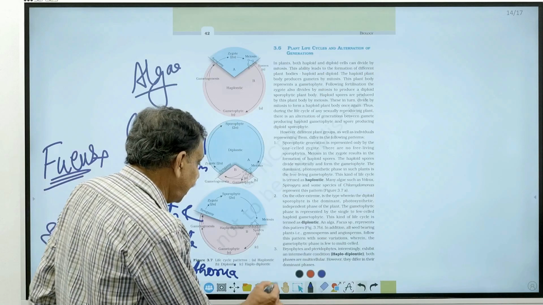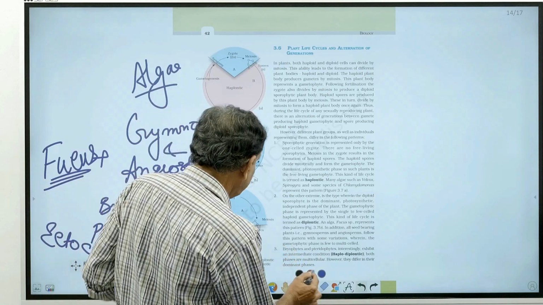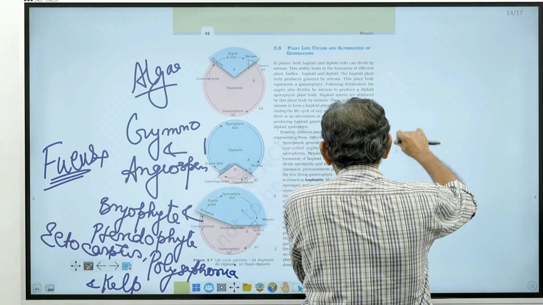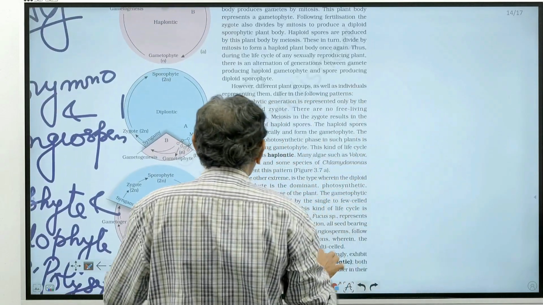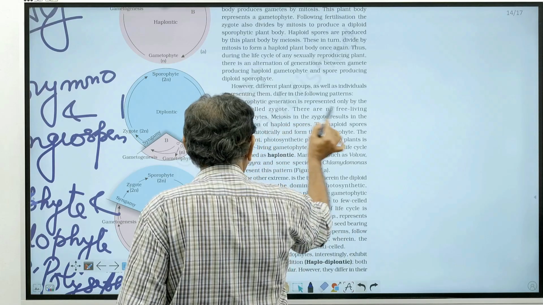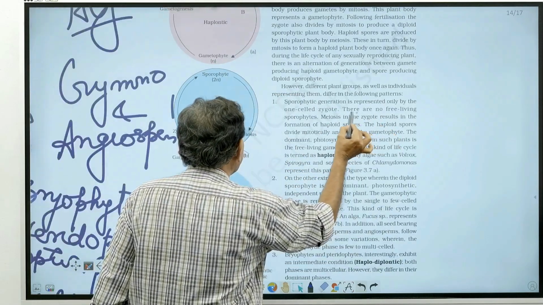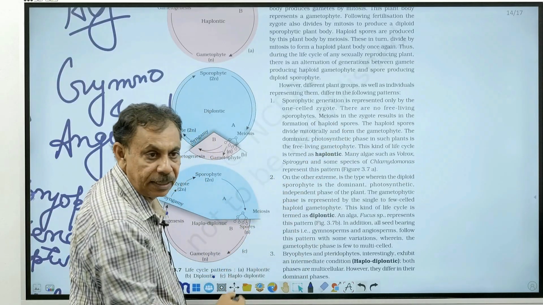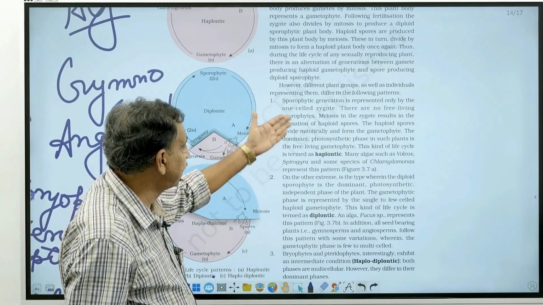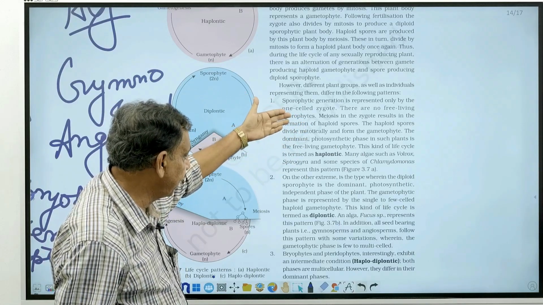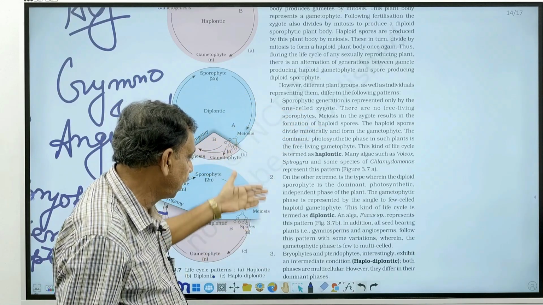You can see here the wordings very perfectly. Haplontic life cycle: in the sporophytic generation, the zygote, there are no free living sporophytes. Meiosis in the zygote results in the formation of haploid spores. Haplontic examples are algae like Chlamydomonas and Spirogyra.